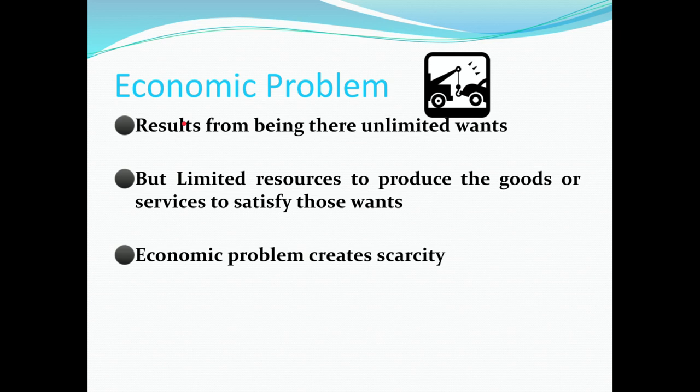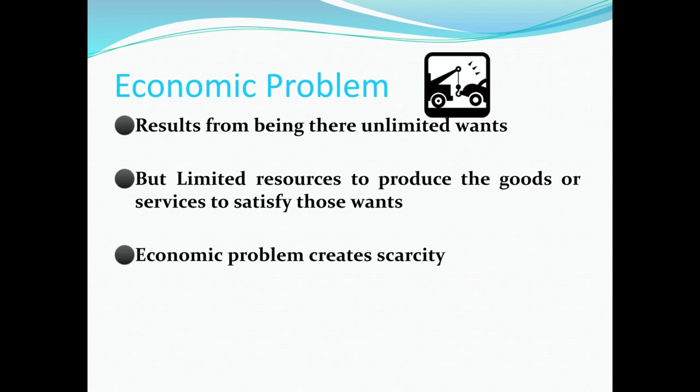So we have unlimited wants. People keep wanting more and more, but there are limited resources to produce the goods or services to satisfy those wants. Let's say a car. Your car is still fine, but then you want a new one. So it becomes a problem because to produce a new car, you need resources.